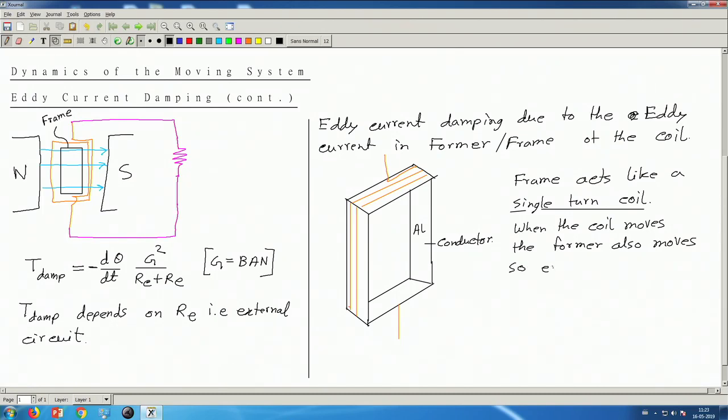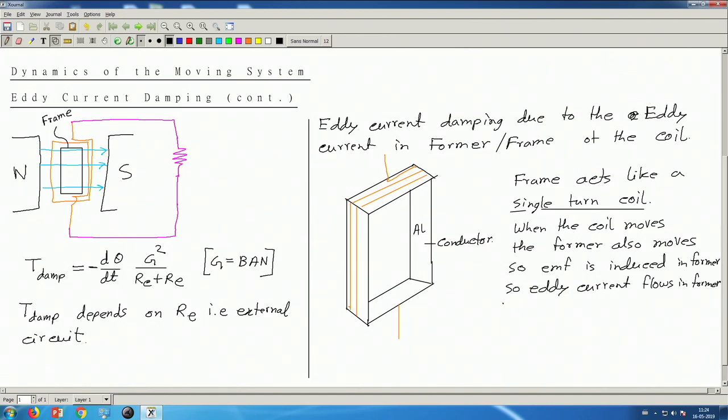EMF is induced in the former, so some eddy current will flow in the former, and this eddy current will now generate a torque which will oppose the velocity or angular velocity.